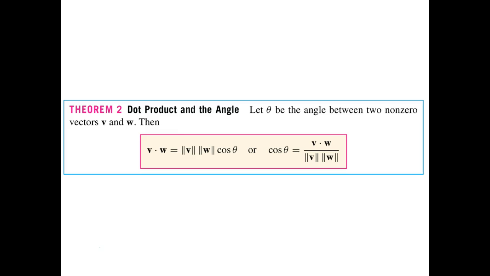And that will always give you an angle between 0 and pi, because the inverse cosine is only defined between 0 and pi. That's the other reason we choose it, because that's the only value it can be.